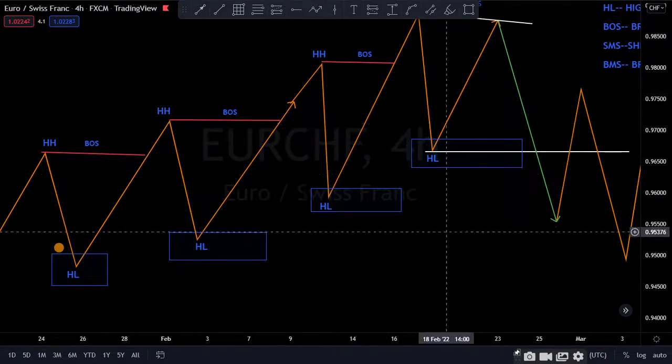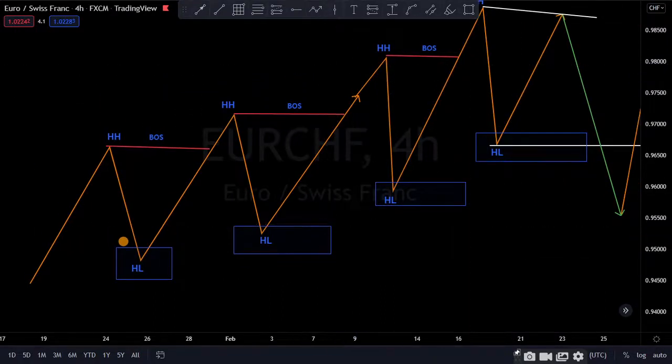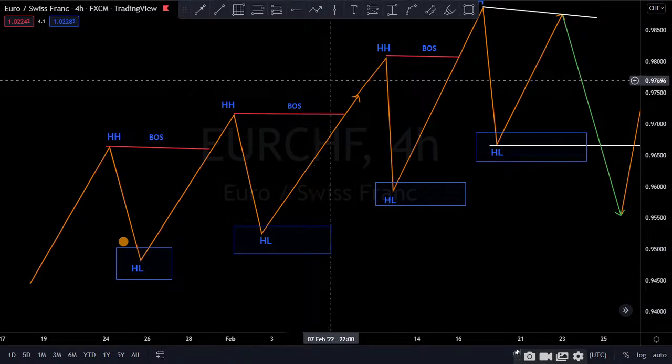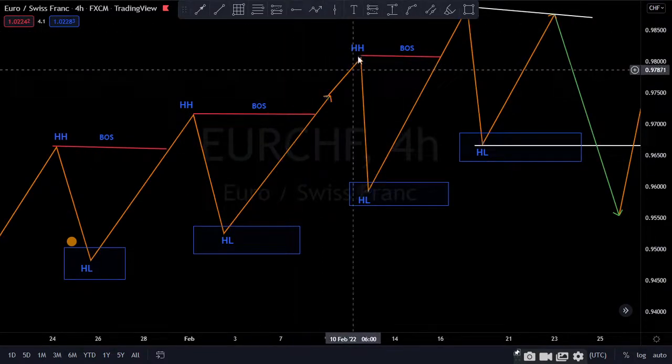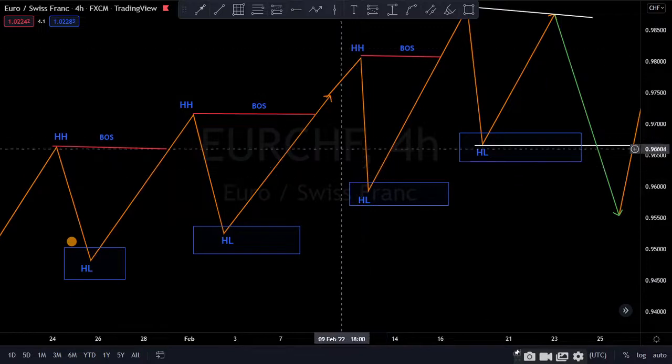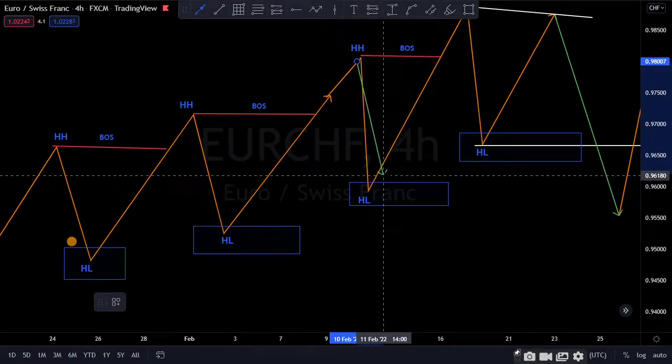When you are doing the market structure in a higher time frame, let's say the daily or the weekly time frame, sometimes you can find a nice opportunity for the retracement in the 4 hour or 1 hour time frame.